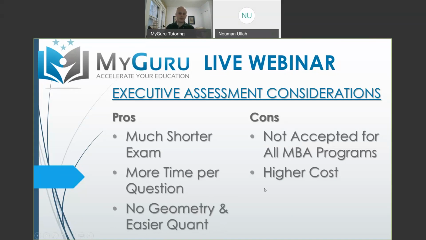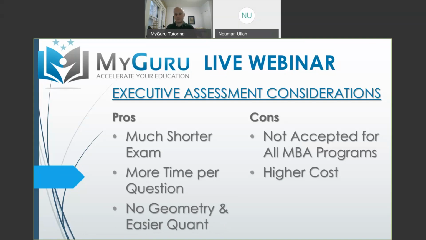And then another pro to the executive assessment is that there is no geometry. So you will not have to spend your time reviewing formulas for Pythagorean theorem and volumes of cylinders or circumferences of circles. That is part of the GMAT, and just generally the executive assessment quantitative section is a bit easier.